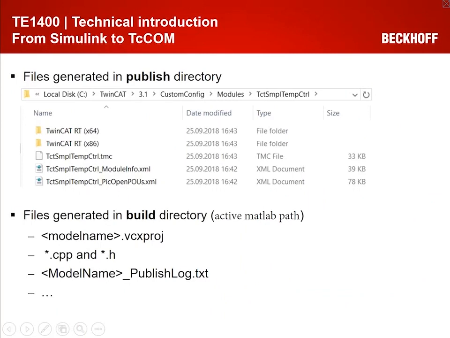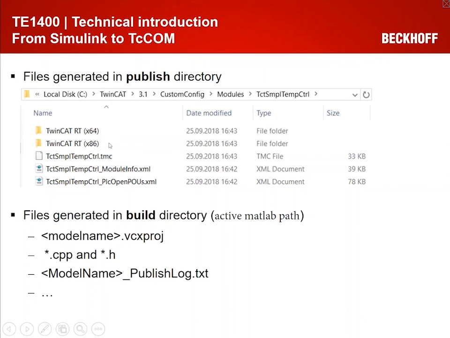Let's have a look at the generated files a little bit. In the publish directory, publish means the built binaries. By default, they are located in the TwinCAT folder under 3.1 custom config modules, and here is the model name. In this folder you can find the TMC file, the description file for the TwinCAT module class.